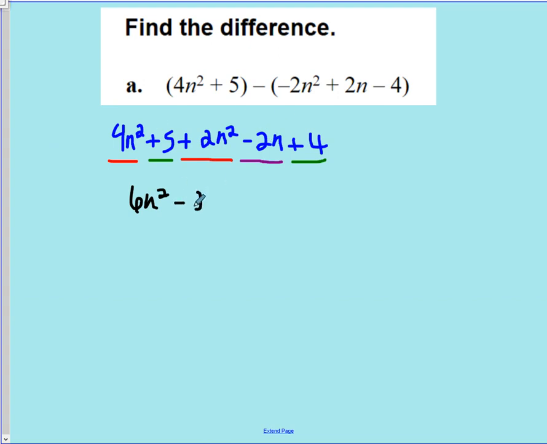He doesn't have anything to combine with, so he's just going to hang out over here by himself. And then 5 plus 4 is 9, so plus 9. So my answer is going to be 6n squared minus 2n plus 9. All right, so when you're finding the difference, it's just one extra step from finding the sum. You're just going to distribute this negative sign to every term within the parentheses afterwards.